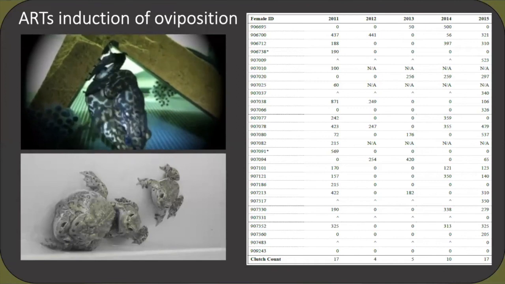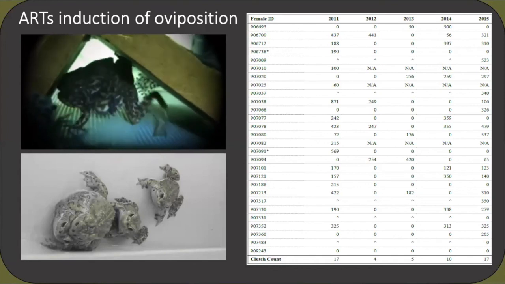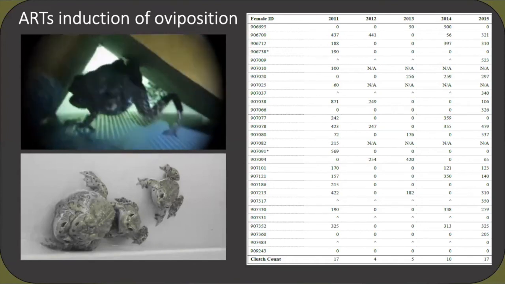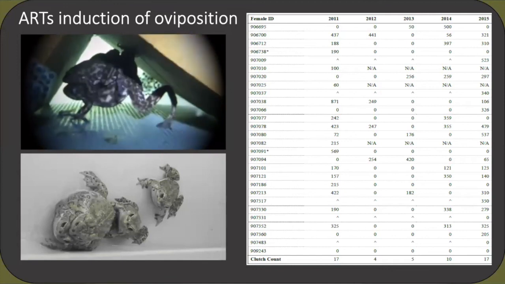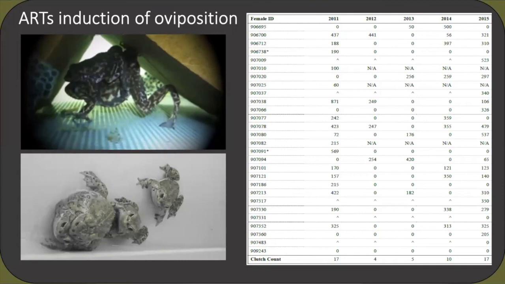And she's in that very characteristic pose of a handstand, where she's trying to find places to continue laying and sticking her eggs. And so this is that torch that you can see. That was me probably around 2 or 3 o'clock in the morning with my head torch watching these animals in the lab.